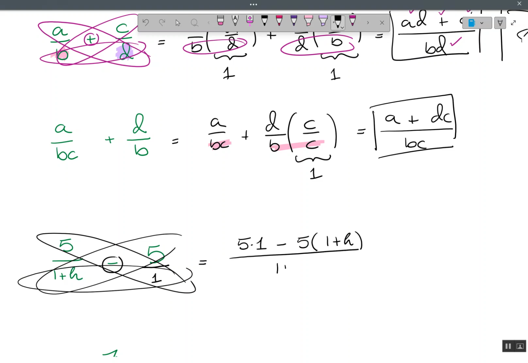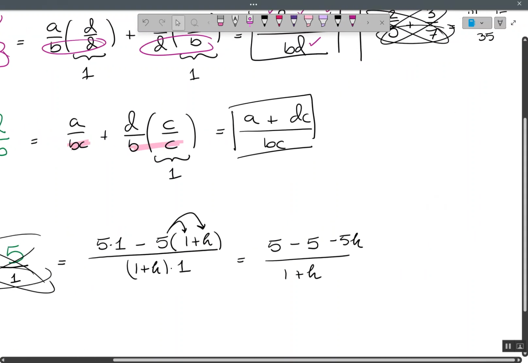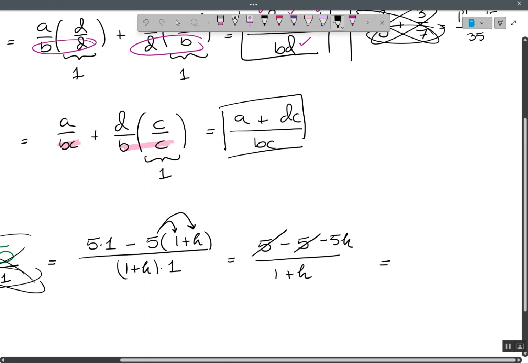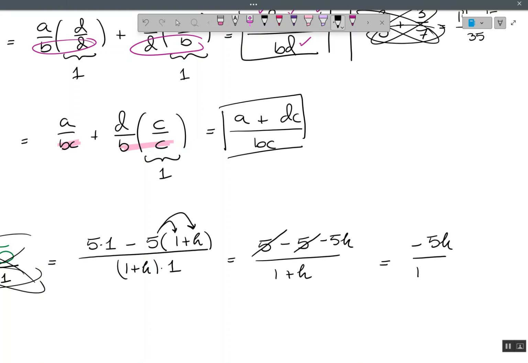So that's 1 plus h times 1. So we have 5 minus 5 minus 5h all over 1 plus h. So we get negative 5h all over 1 plus h.